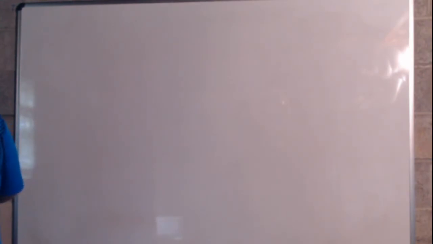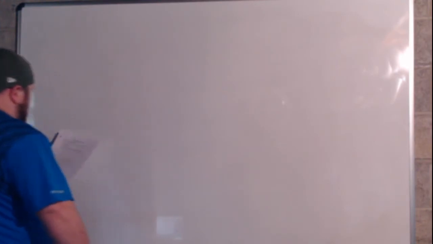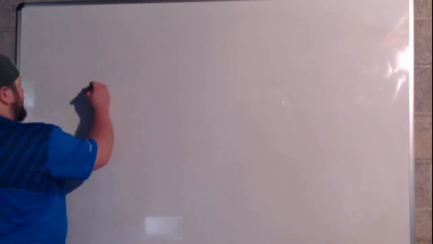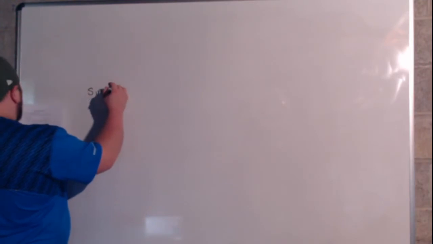So we did one example last time. And for completion, let's start with the first problem on this packet, the application of series. It's basically just a proof that series do work.